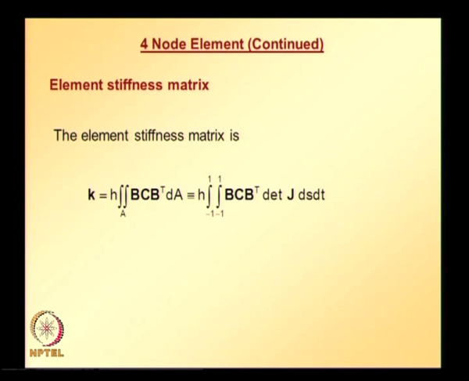So, we need to perform numerical integration. For that purpose we need to change the limits of integration from -1 to 1, and the details of how we do that we already discussed several times in the earlier lectures.